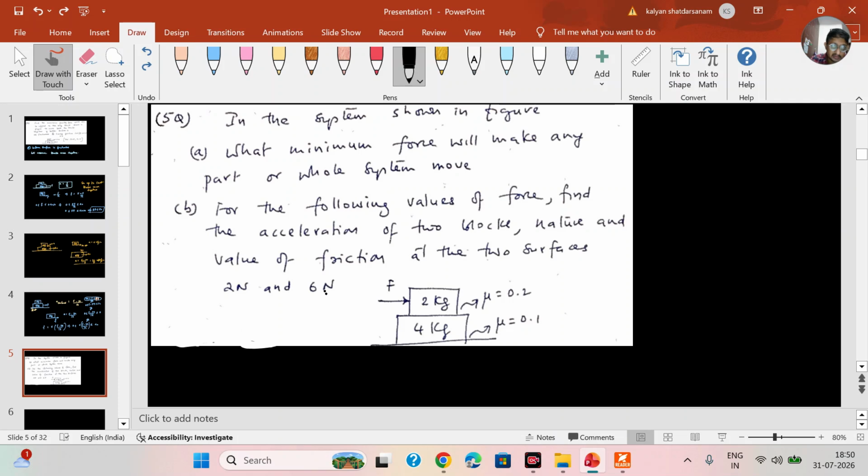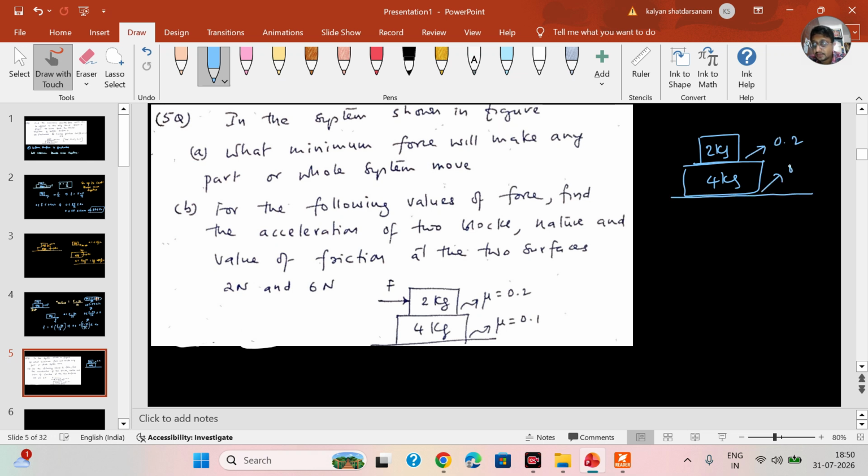Now, first let me do the A bit. So I have here the 2 kg. I have the 4 kg. There is coefficient of friction 0.2 here and coefficient 0.1 here, and you are applying F. First let us find what force is required to break the bonds here.